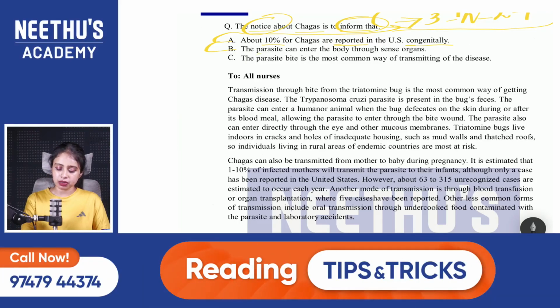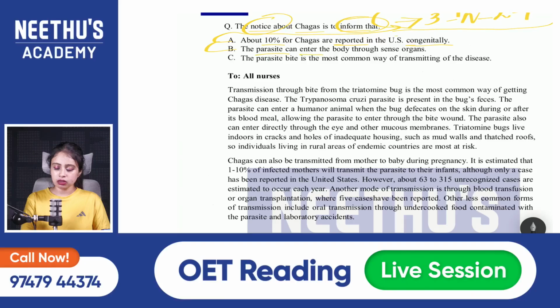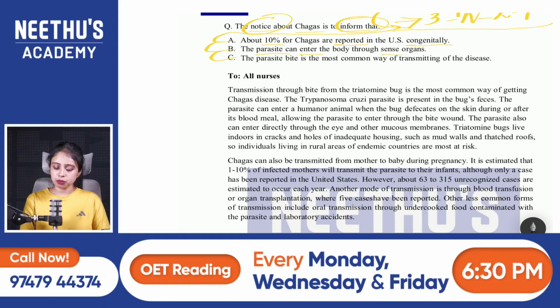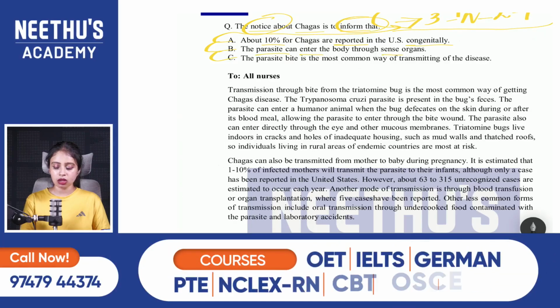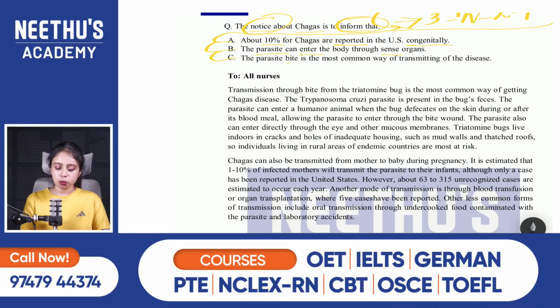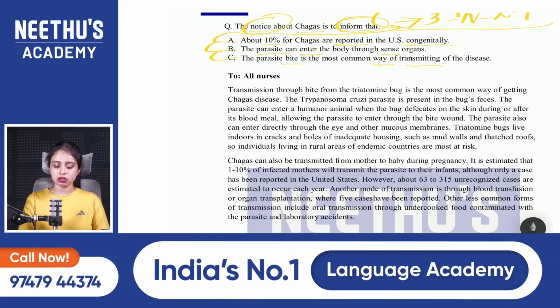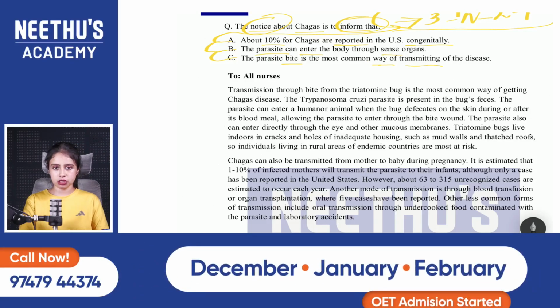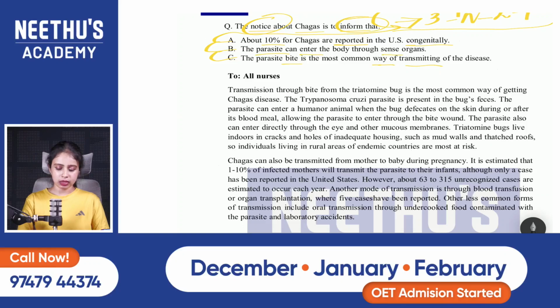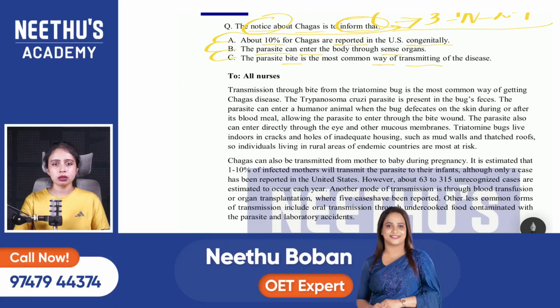My keywords: parasite, enter, sense organs. Option C, inform that the parasite bite is the most common way of transmitting the disease. So bite, way, transmitting. These are my keywords from these options. Clear or no? Yes. Now we are going to read the paragraph.